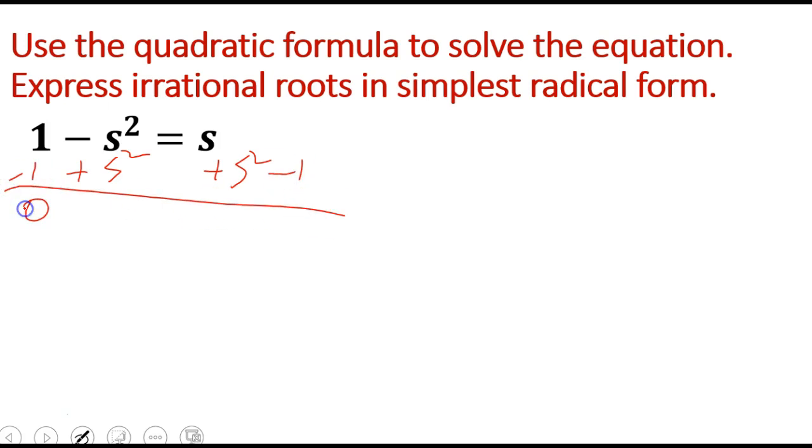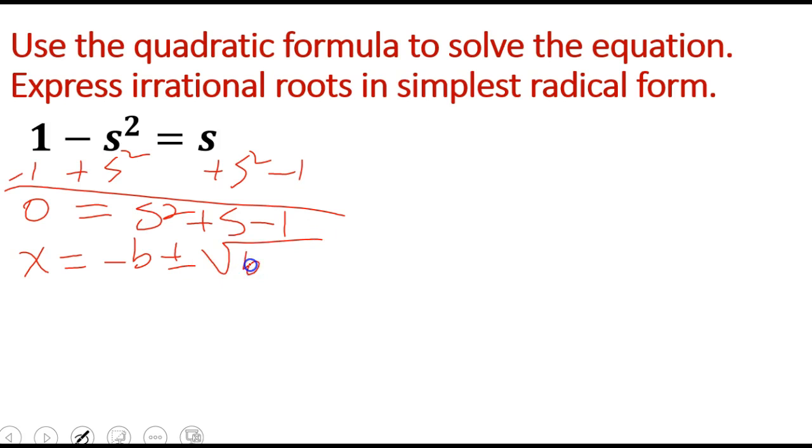So it's going to be 0 equals x squared plus x minus 1. So once it's in standard form, x equals negative b plus or minus square root of b squared minus 4ac all over 2a.